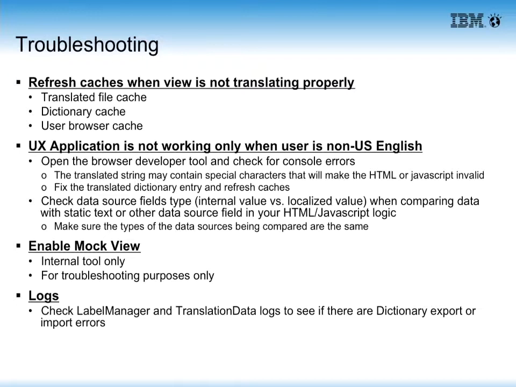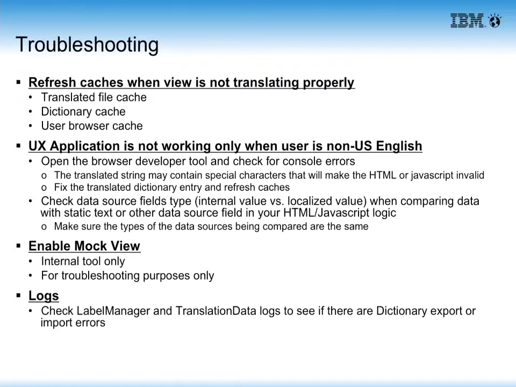If you see that your UX application is not working, meaning the logic is not working, like when you are creating a certain record and it's not working only for a user that is non-US English, then try opening the browser's developer tool and check if there are console errors.